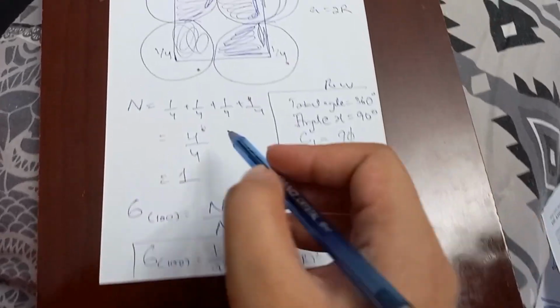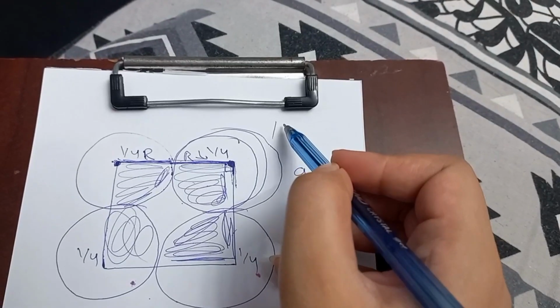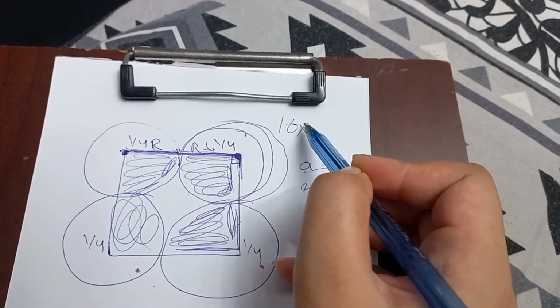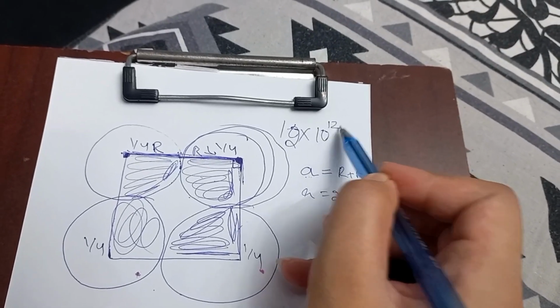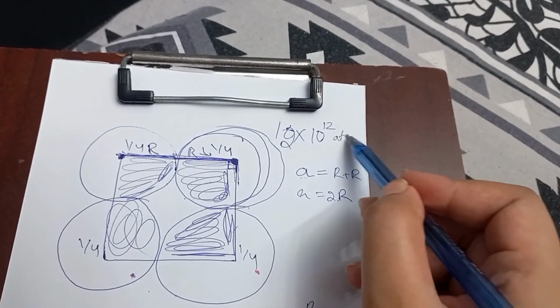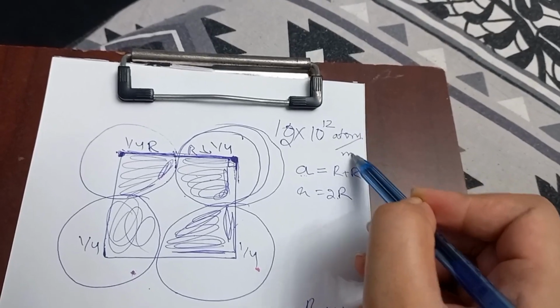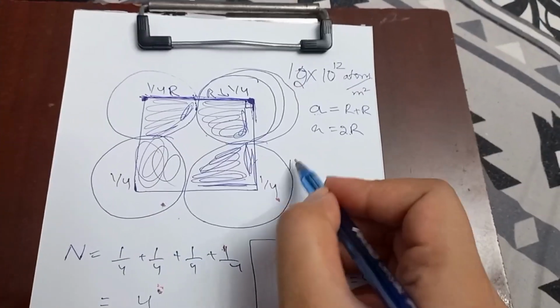The result that you get comes in a unit of atoms per meter square. For example, the result you get is 10 multiplied by 10 to the power 12. Then you write the units as atoms per meter square.